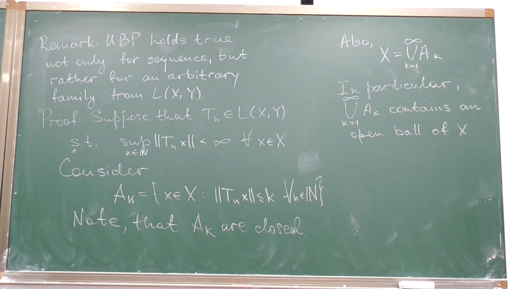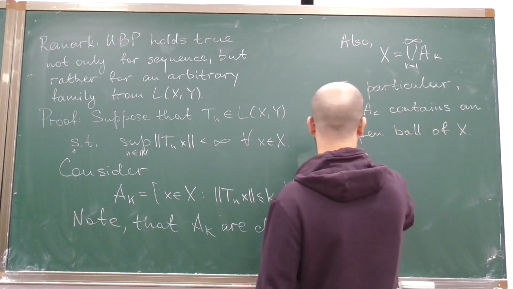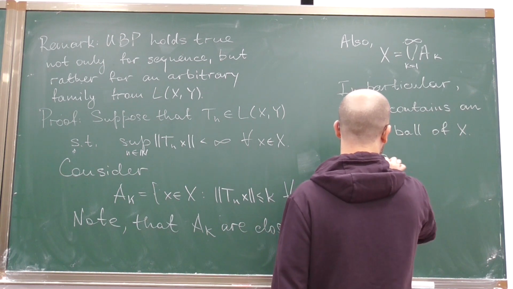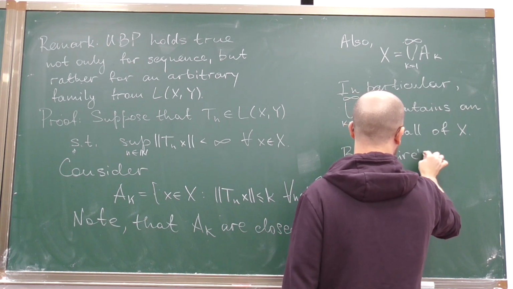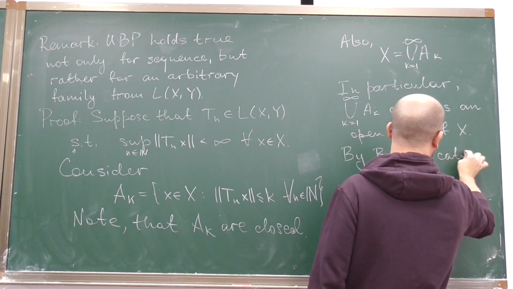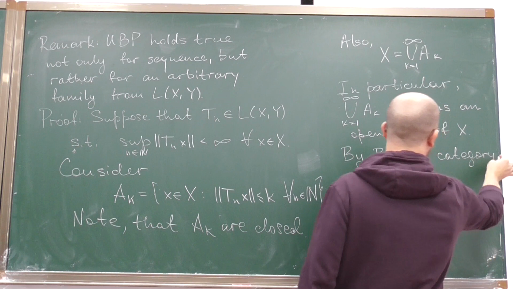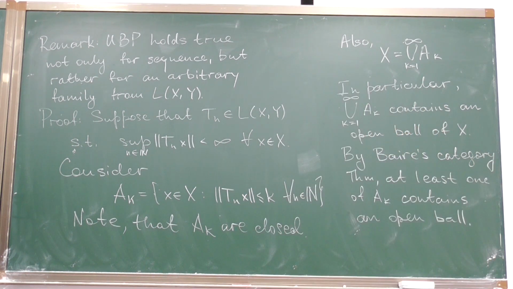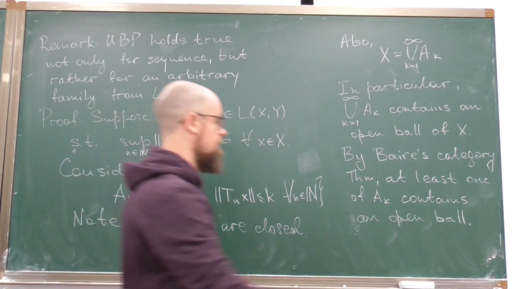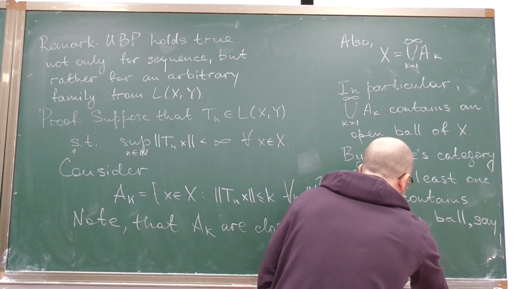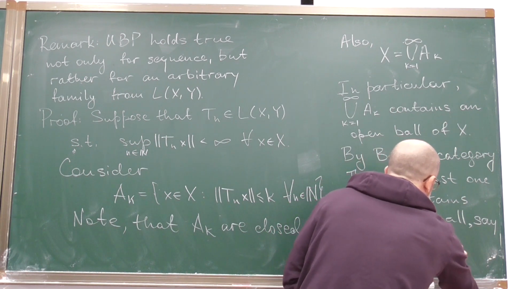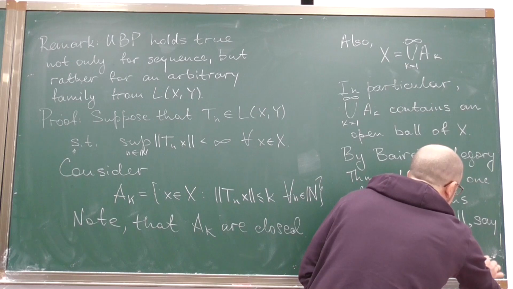By Baire's category theorem, we conclude that at least one of these A_k contains an open ball. Let's call it A_{k0}, and call the ball centered at x0 with radius r, which is inside A_{k0}.